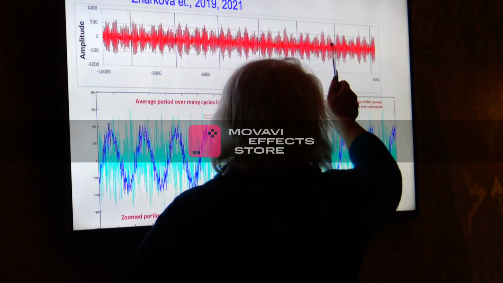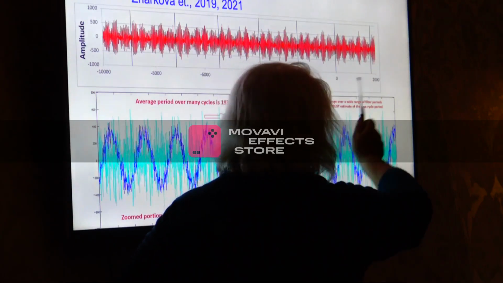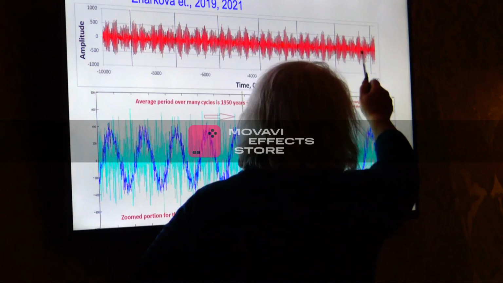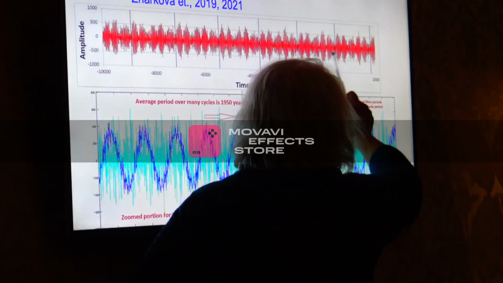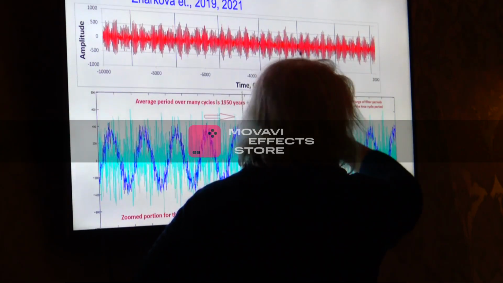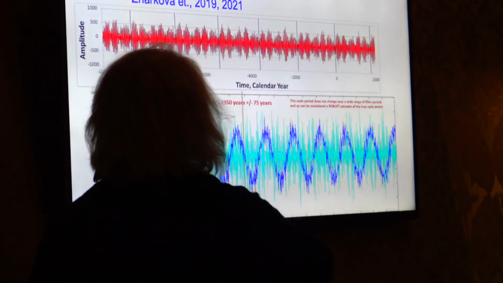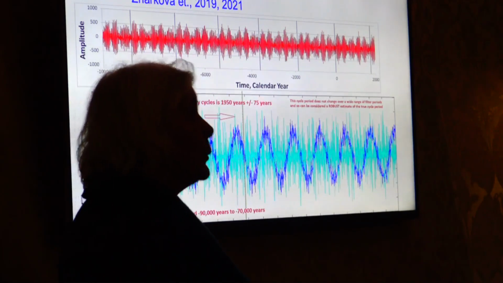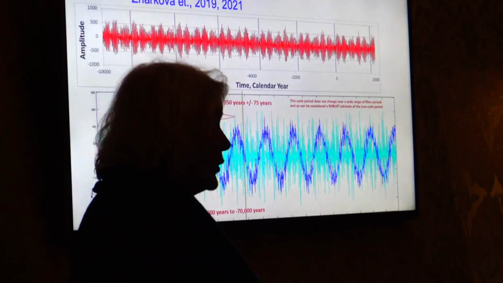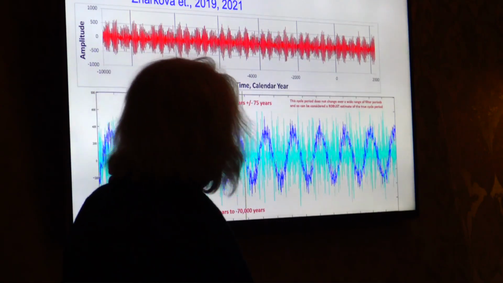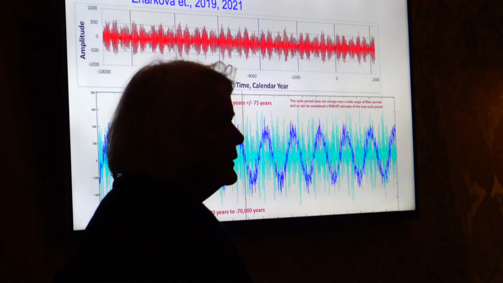Every 5 cycles are semi-similar. This is like a triangle, then higher, triangle, higher, extended, higher, and so on. So these are like a super grand cycle. Not a grand cycle, but a super grand cycle.